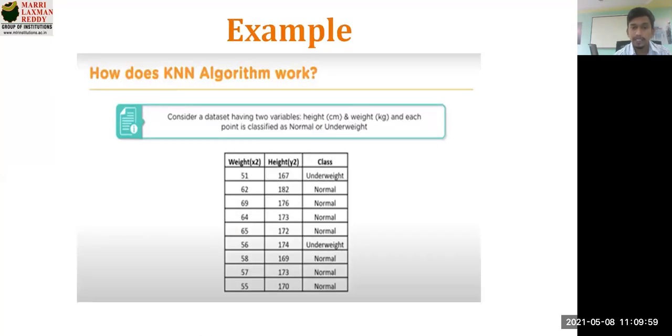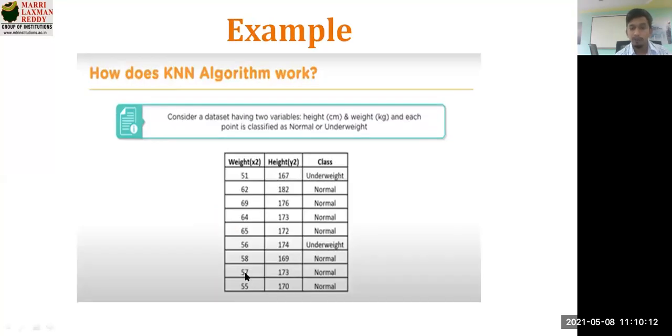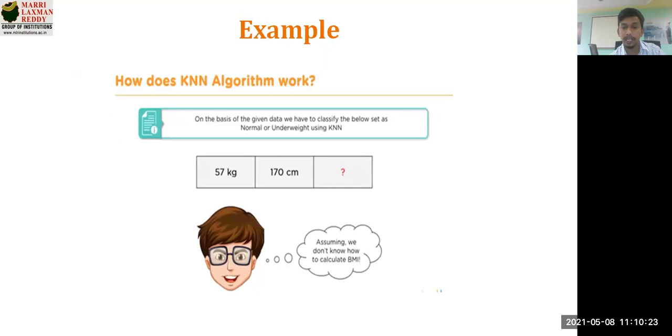A person of weight 57 is available, but as per the new data point his height should be 170. A person with weight 57 and height 170 is not available, so we cannot directly make a decision. We need to categorize it according to the given data set.